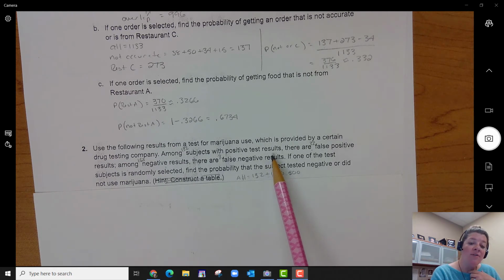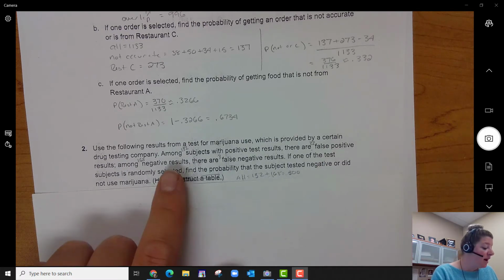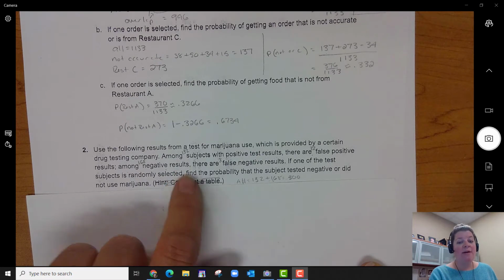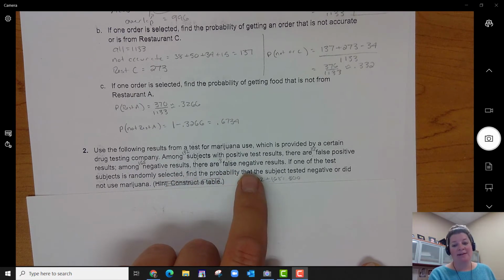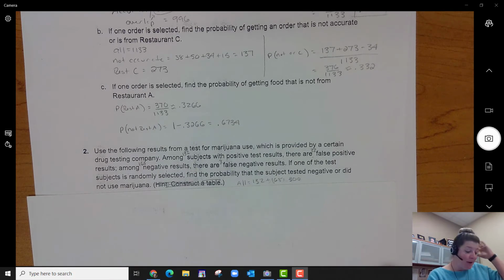Of those 132, 32 were a false positive. False positive. So 32 people really didn't smoke marijuana. Among the 168 negative results, there are 8 false negative results. So 8 people really smoked and they got away with it.